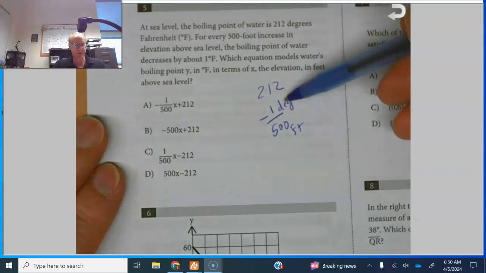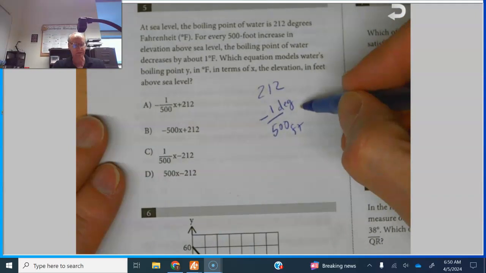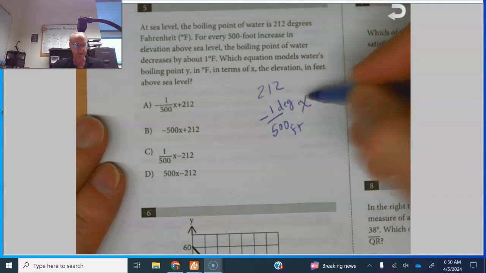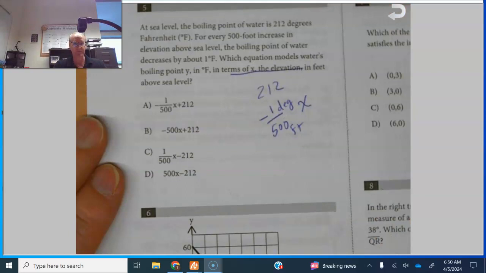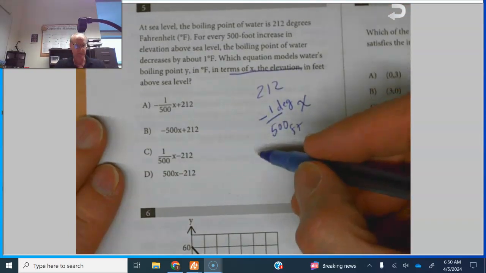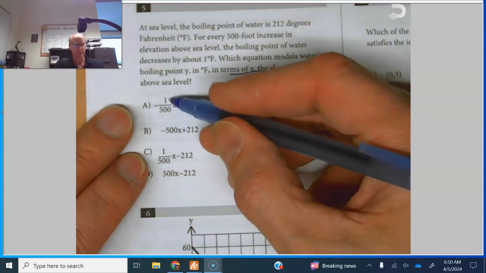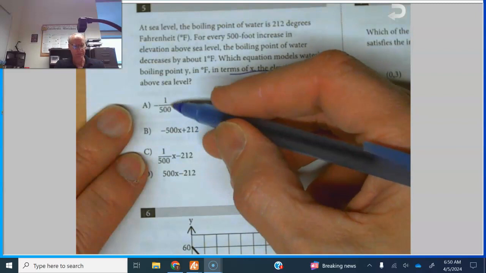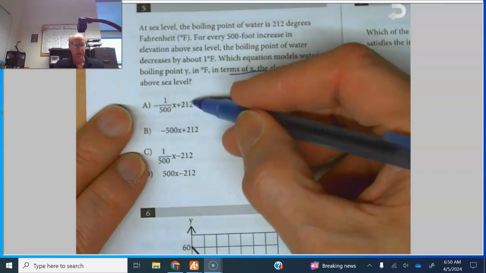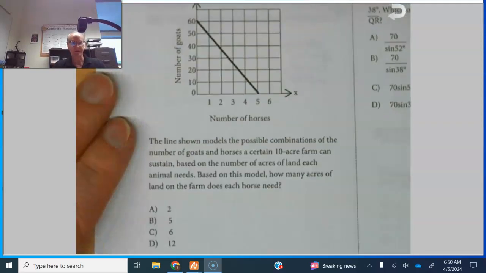It's changing 1 degree for every 500 feet multiplied by the altitude, where that's x. This is x altitude or elevation. So we're looking at -1 over 500. This is every foot loses this much of a degree, and it's A, and we're moving on. Hopefully that one makes sense to you.